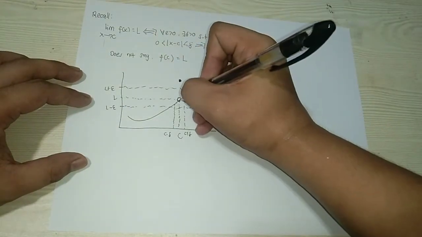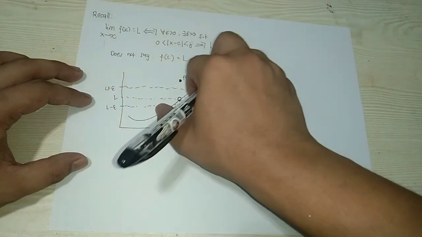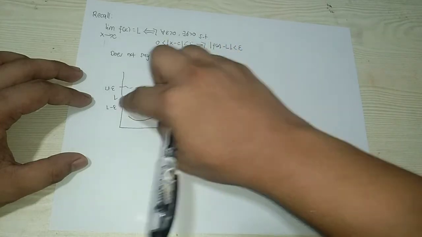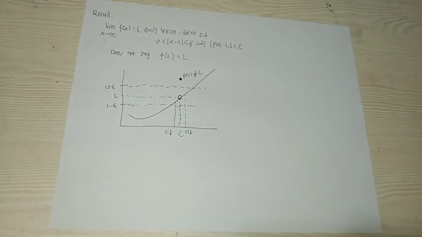So, naka-circle to, tapos ito yung f of c. So, ito pa rin yung limit niya, yung L. But yung L, hindi siya equal sa f of c. So, pwede yung ganyang case na mangyayari. So, yung definition ng limit, hindi niyan sinasabi na ang limit ay yung value ng f of c. Okay? Nag-a-approach siya sa L, but that doesn't mean that L is equal to f of c.